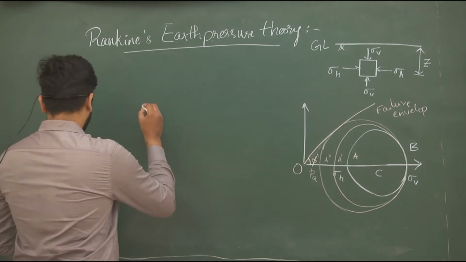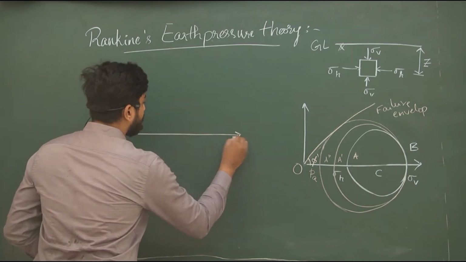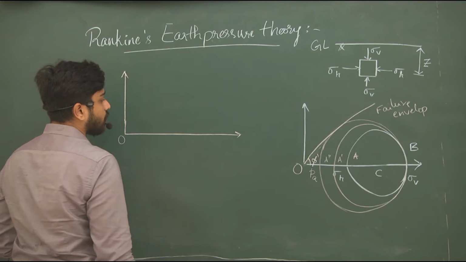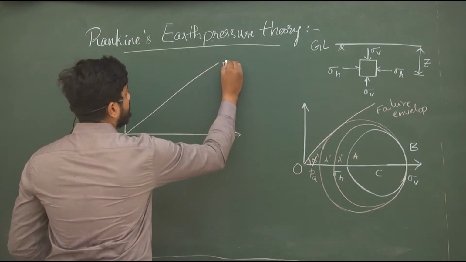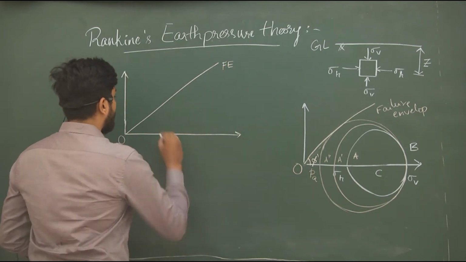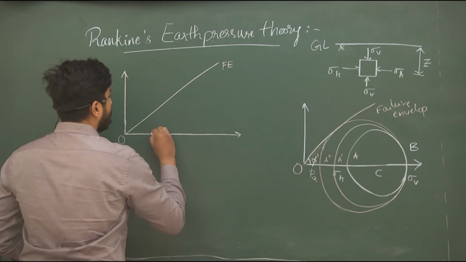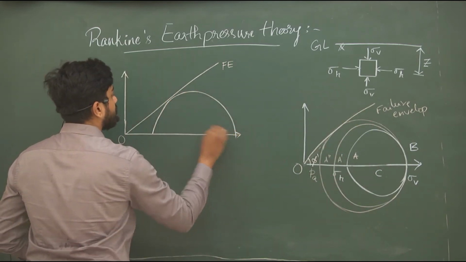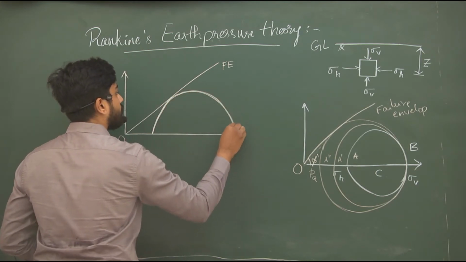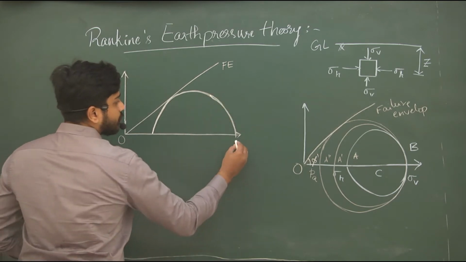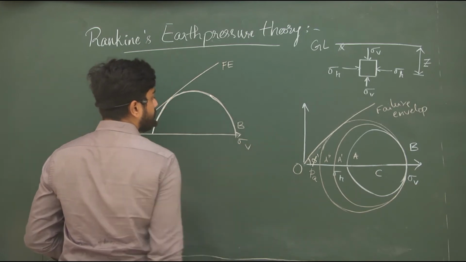If I have to represent only the verge of failure condition, this is point O, and there is a failure envelope in this manner. Let us denote this by Fe, and let me represent only half of the circle here. This point is B, and the value of this is sigma v.